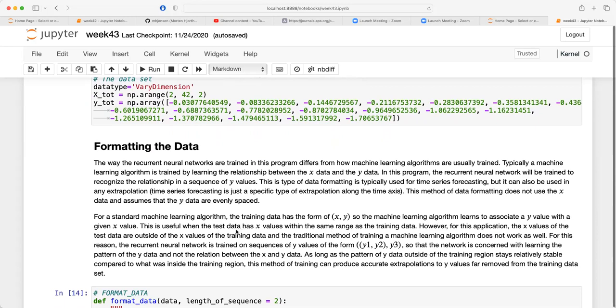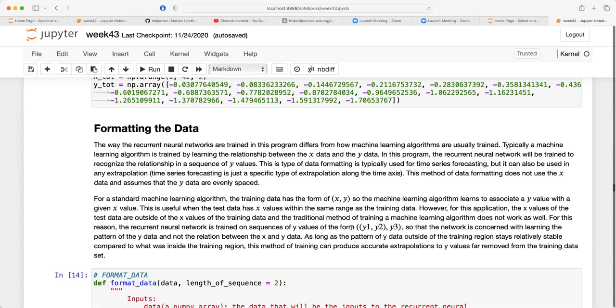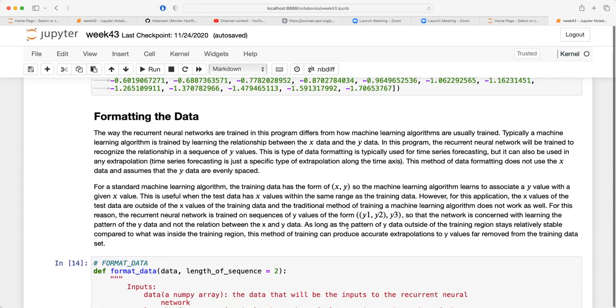This is useful when the test data has x values within the same range as the training data. For this application, however, the x values of the test data are outside of the x values of the training data, and then the traditional method of training does not work as well.